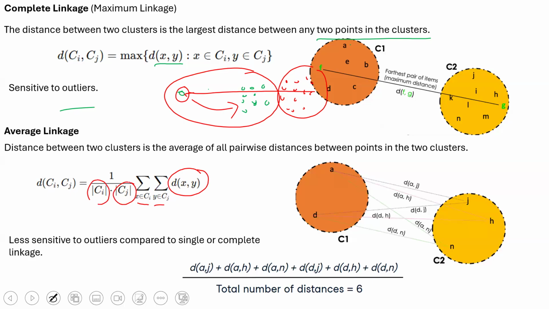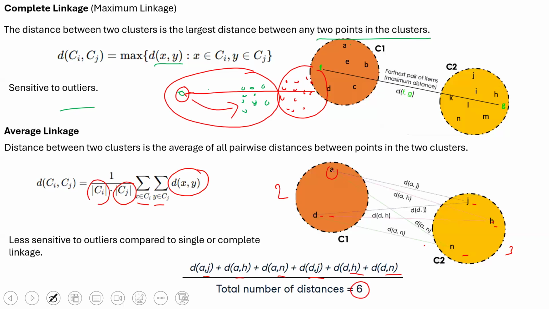If you look at this example, I have 3 points here, I have 2 points here. From A, I calculate the distance from A to every other point: A to I, A to H, and A to N. And also from D to J, D to H, and D to N. So I have calculated the distance from each point to every other point. And how many distances have I calculated? 6 distances, right?